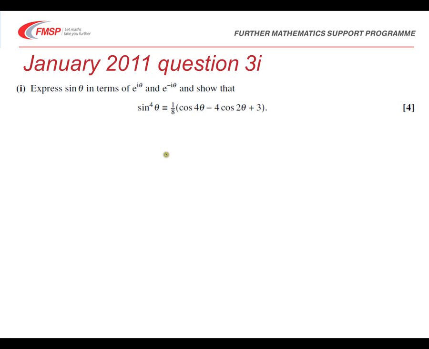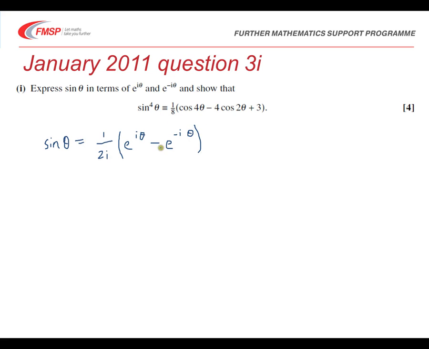So, doing the first part to begin with, we should be able to write down sin theta is 1 over 2i, remember, don't forget this i, e to the i theta minus e to the minus i theta.